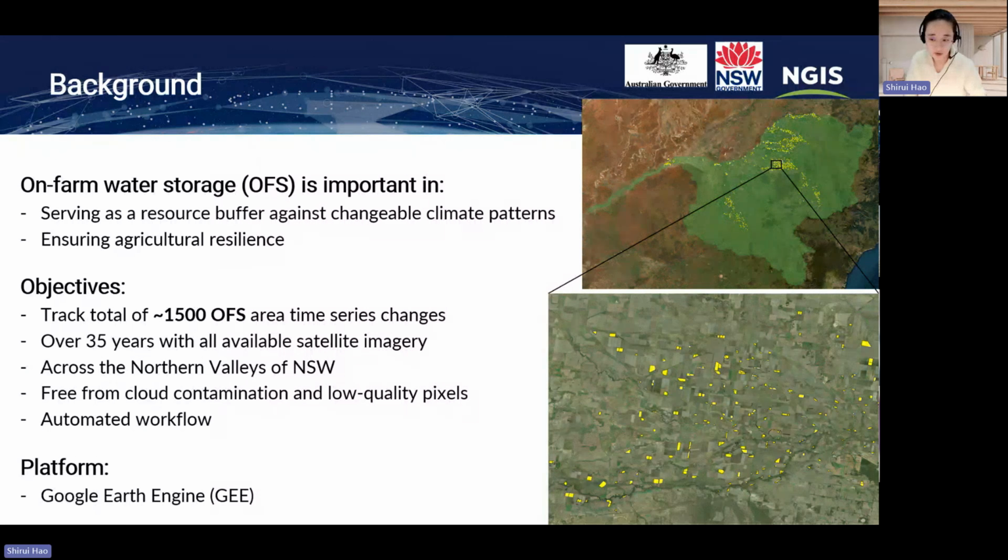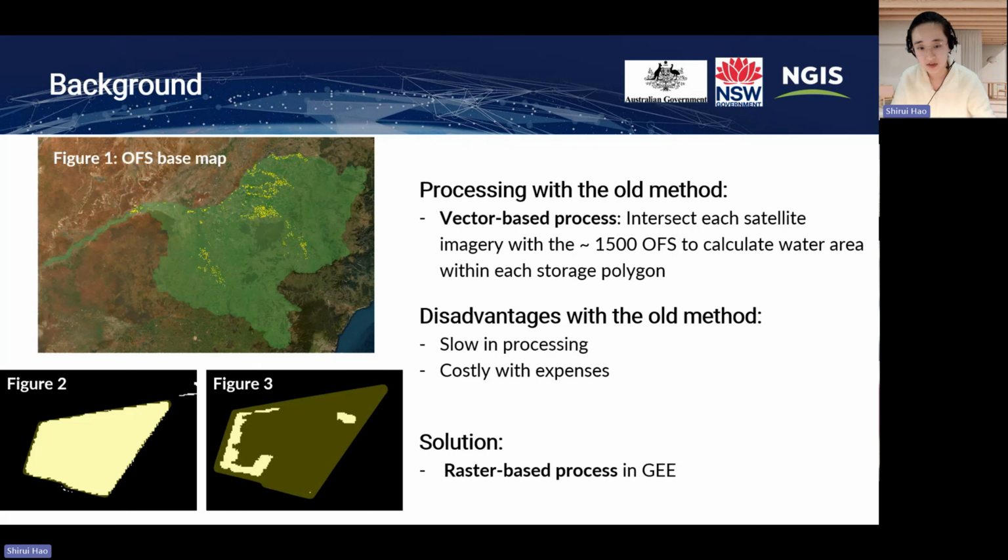This workflow needs to be automated, so it can automatically reproduce the results once new satellite images are available, and we can push that to update the dataset that is going to be presented within DCC EOW New South Wales. The platform we're going to use is Google Earth Engine, because GEE has access to planetary scale satellite data, and it also has the capability of image processing and computation on cloud.